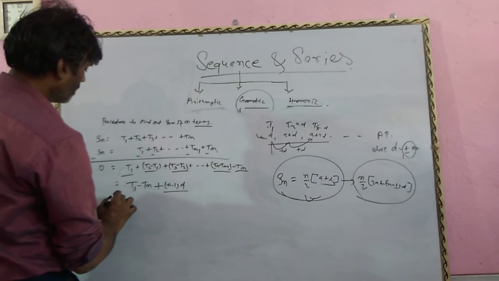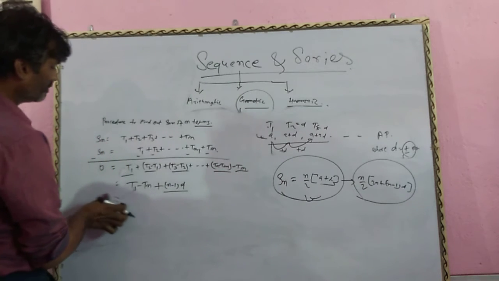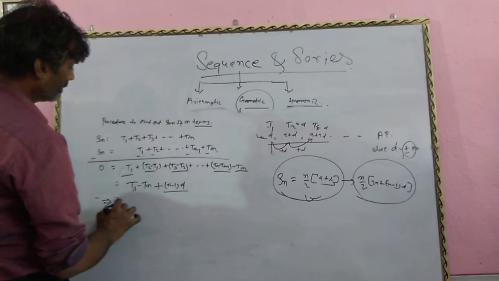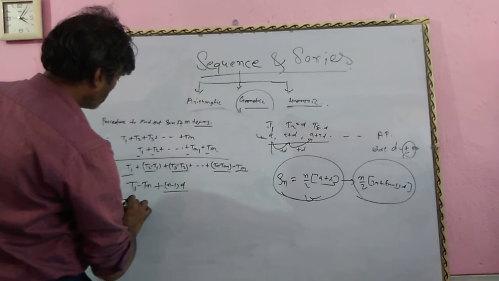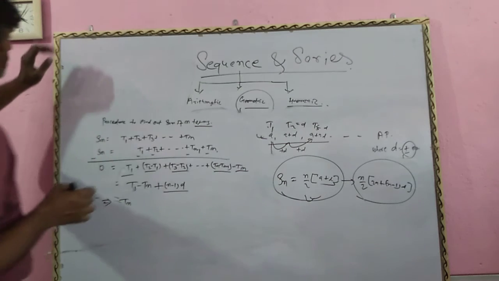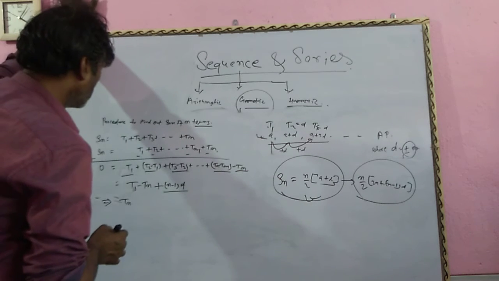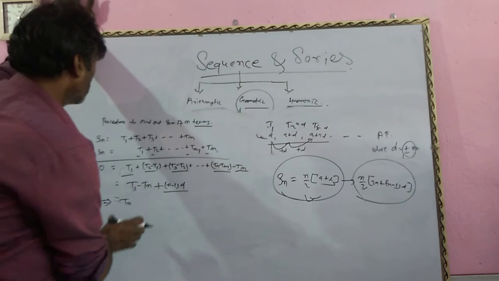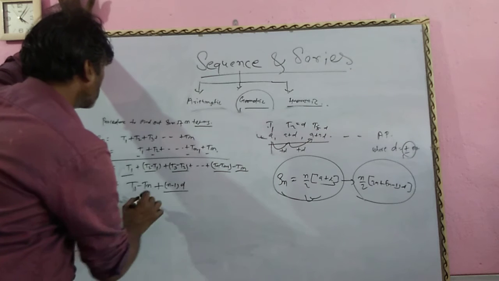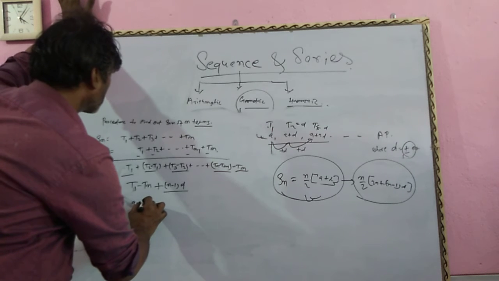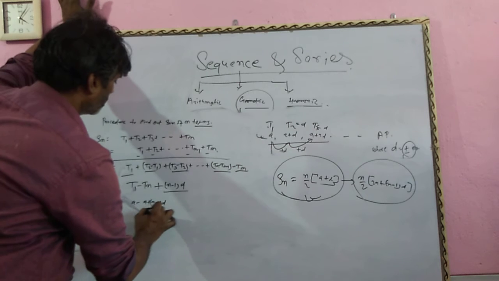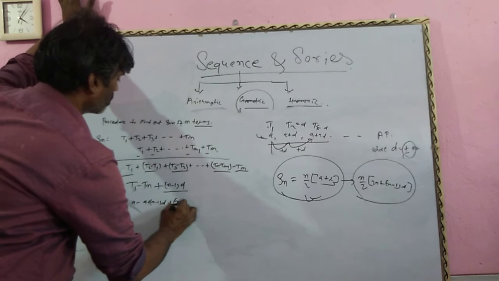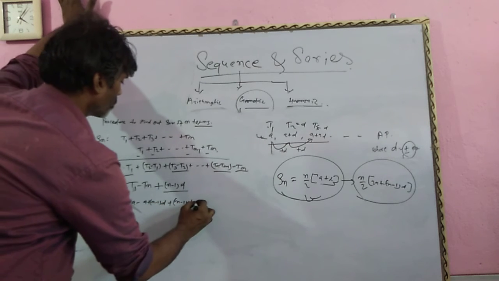So you can write here T1 minus Tn plus n minus 1 into d is equal to 0, which means A minus A plus n minus 1 into d plus n minus 1 into d is equal to 0.